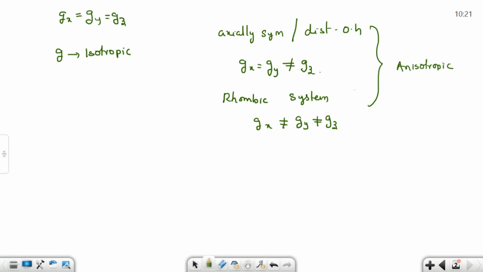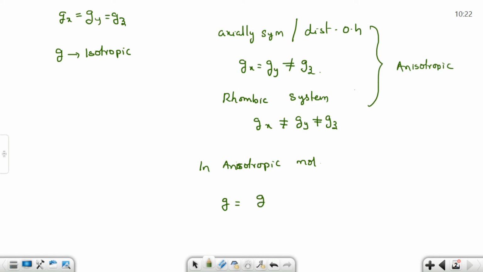That is called anisotropic nature. So in anisotropic molecules, the G value can be calculated like this.